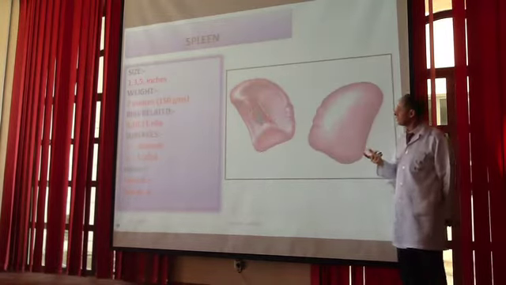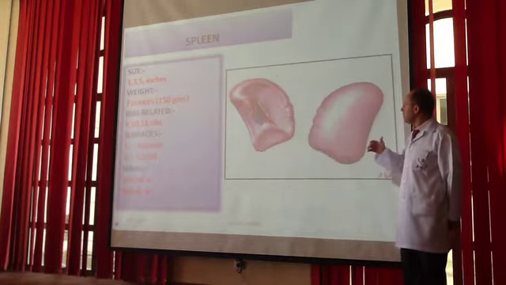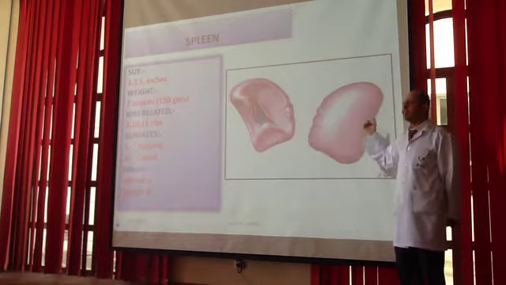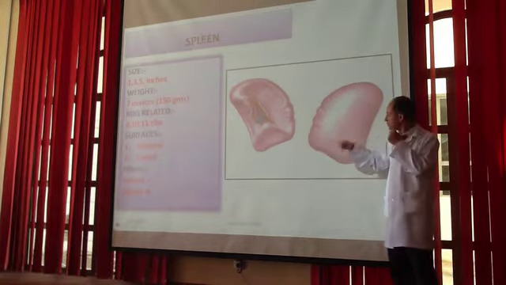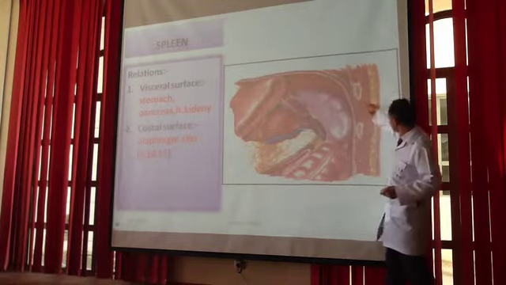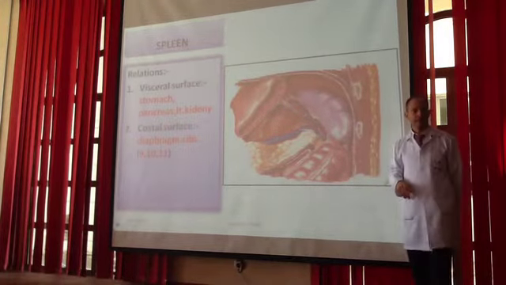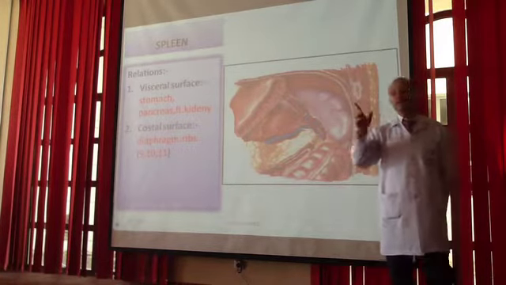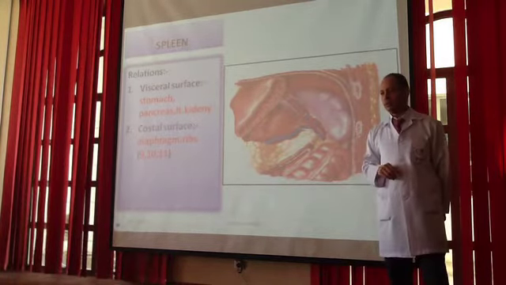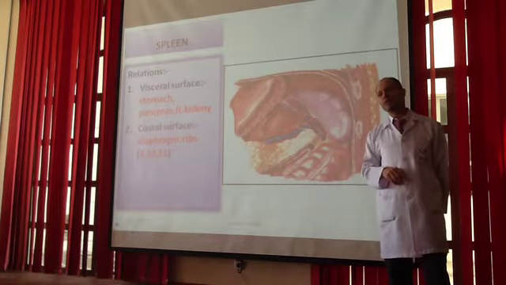The most important thing about the spleen, what about relations as regards the ribs? Which rib numbers does it have a relation with? As we see here, 10, 11. The 9th, 10th and 11th. Right side ribs or left side ribs?